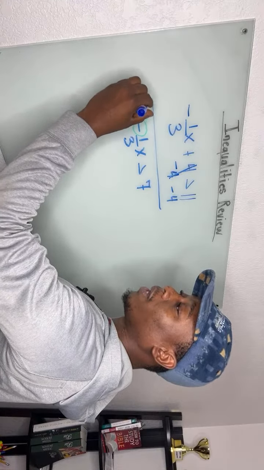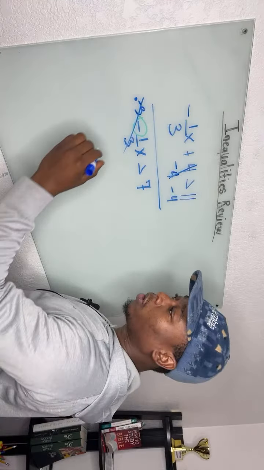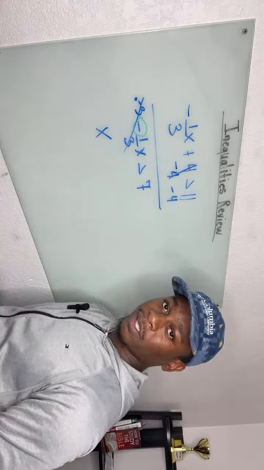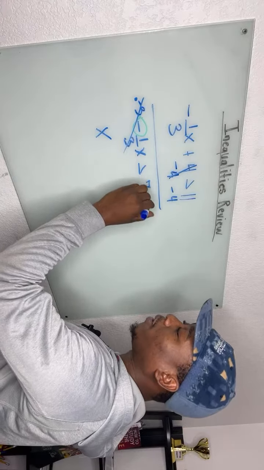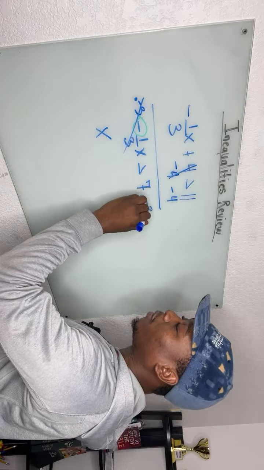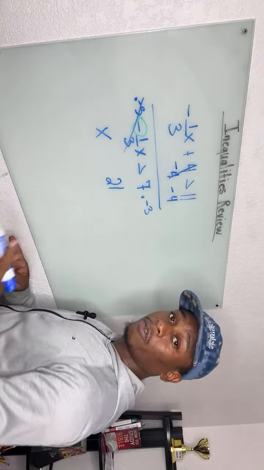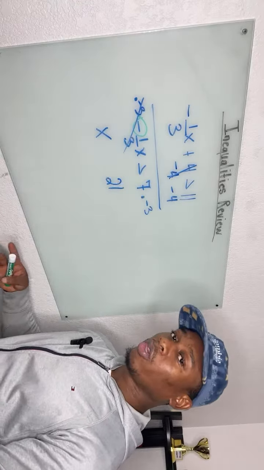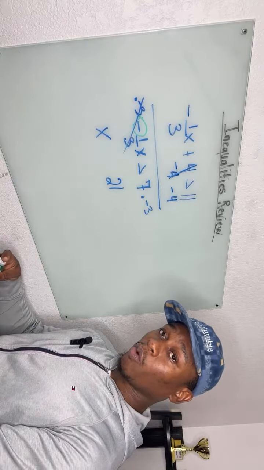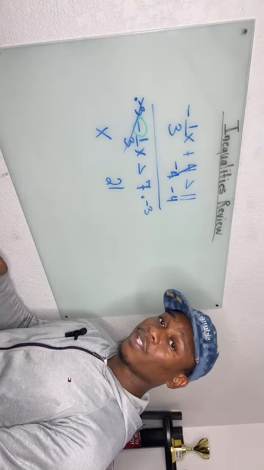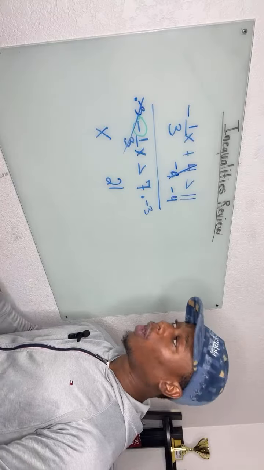So we multiply by -3, that is gone. We're left with positive x. And then we go on the other side of the inequality and multiply by -3. But before we finish off our answer, remember earlier I said if we multiply or divide by a negative, we have to flip the inequality.